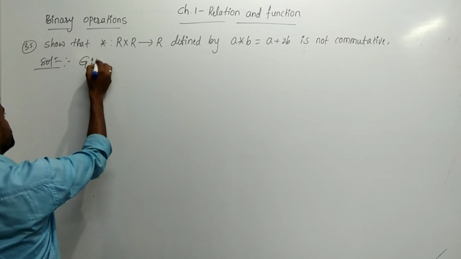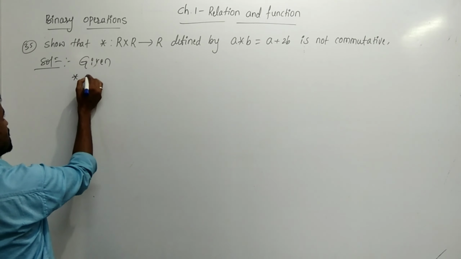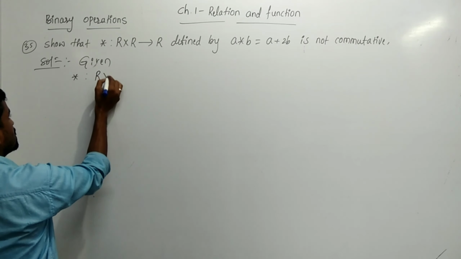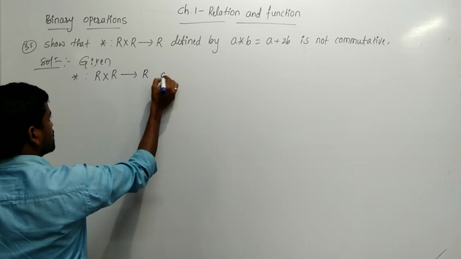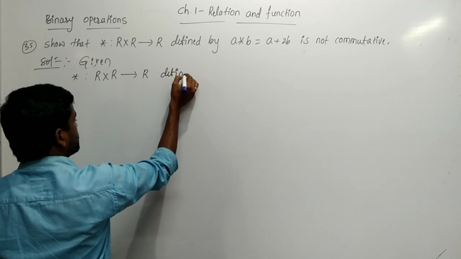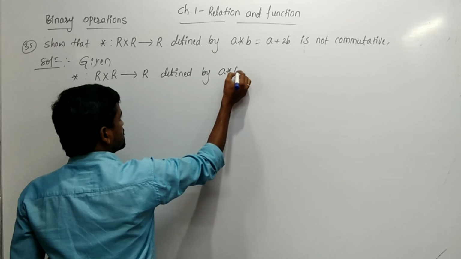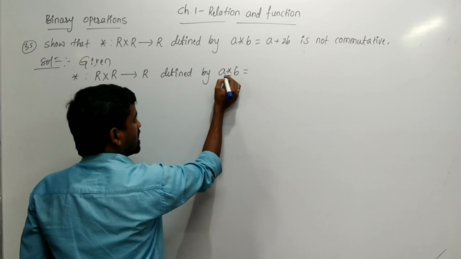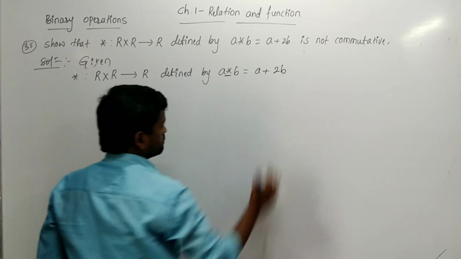Given star such that real number, Cartesian product of real number to real number defined by A star B. This star is an operation, A plus 2B.